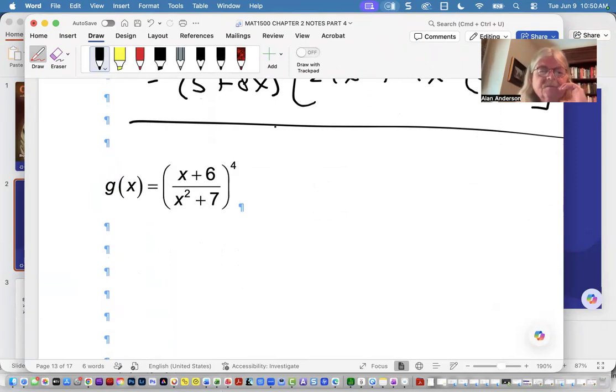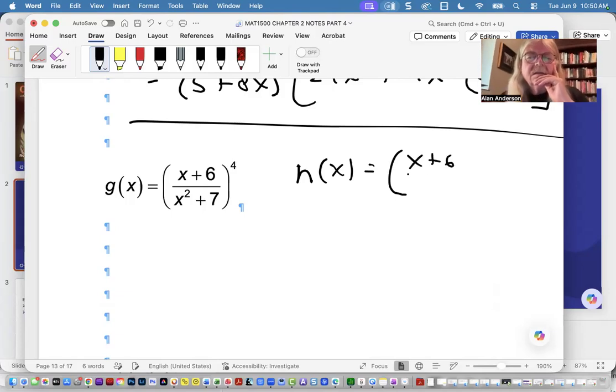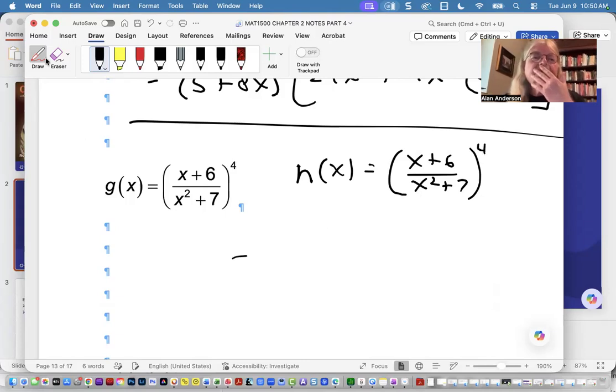All right, so I'm going to rewrite it like this because that's the way I like it. Okay. So here's what's going to happen. Think of this as u of x.